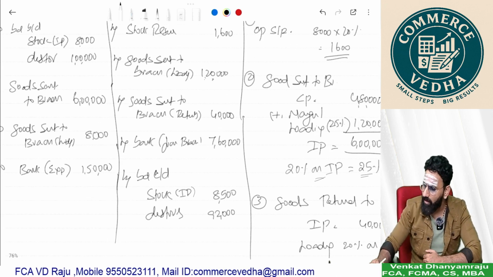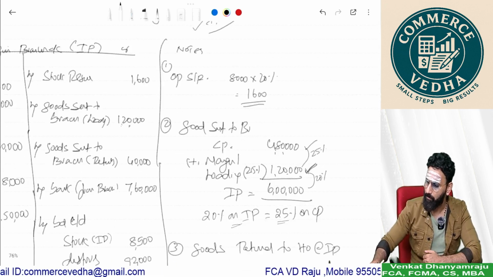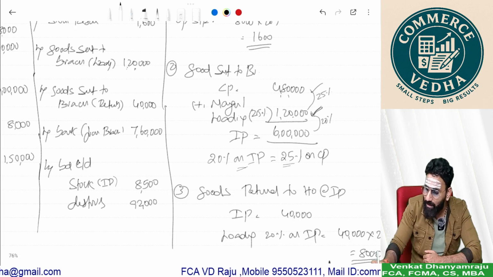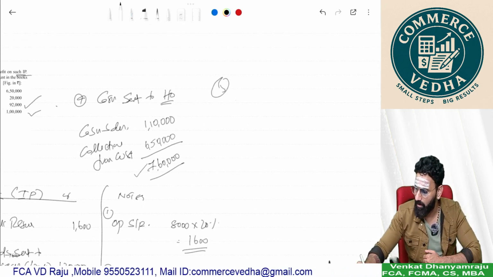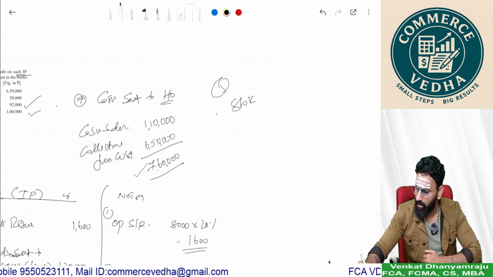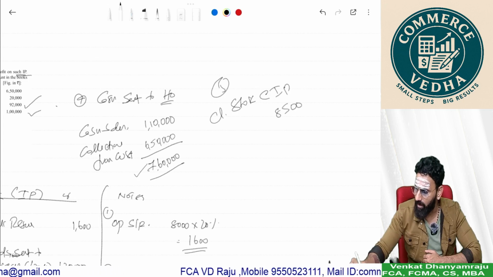But since stock is given at invoice price, immediately what you should do is, what is the loading in this? Again go back, fifth working note. Closing stock at invoice price 8,500.